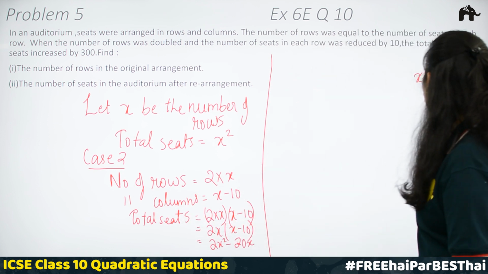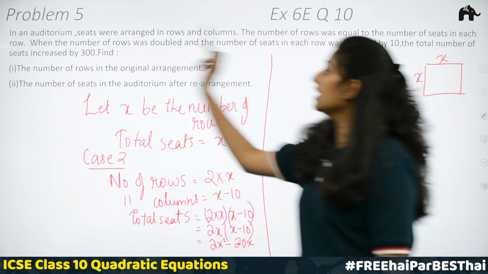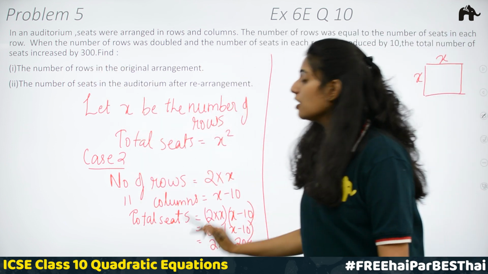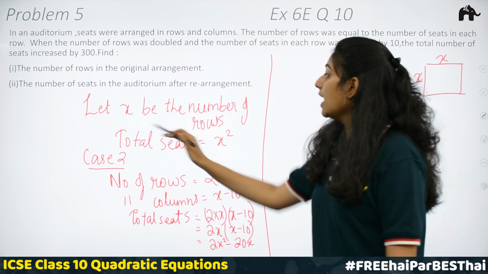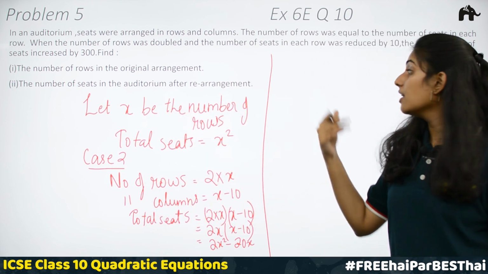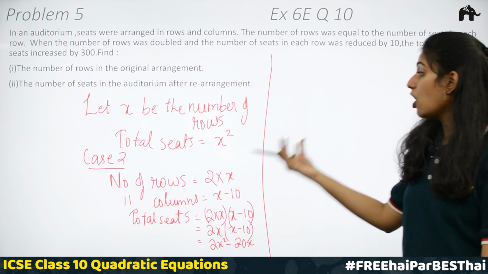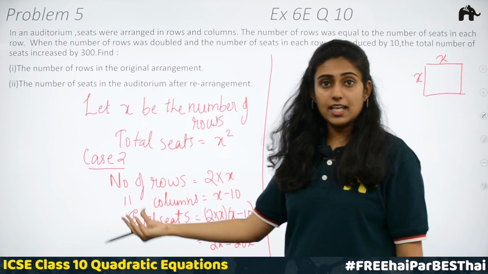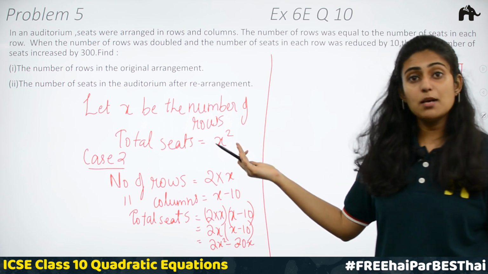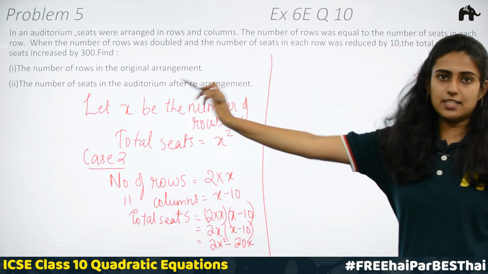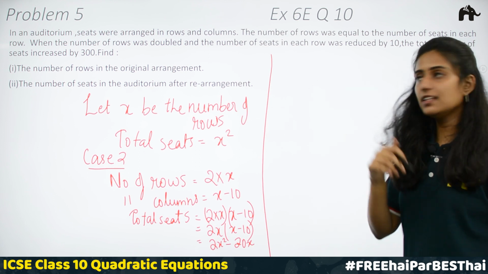Here what is happening? The total number of seats increased by 300, which means the total number of seats in the second case minus the total number of seats in the first case, the original, will be equal to 300.